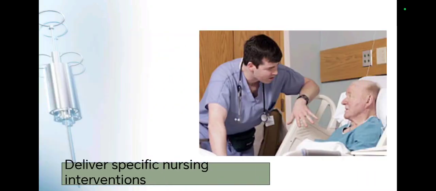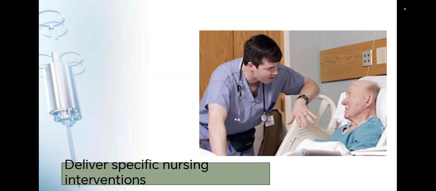Another thing is to deliver specific nursing interventions. In planning, as I mentioned, we plan for the objectives, the goals, and we also plan for the type of nursing interventions. Now, when we talk about nursing interventions, there are three specific interventions that we need to identify.